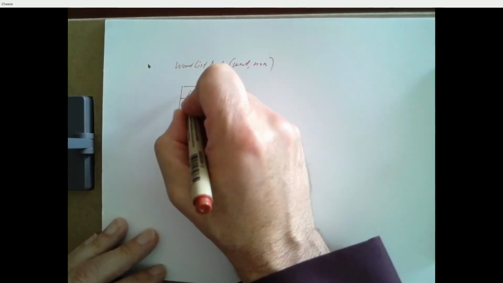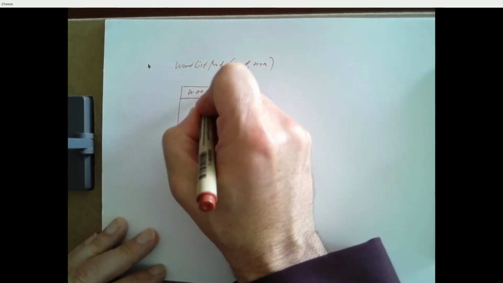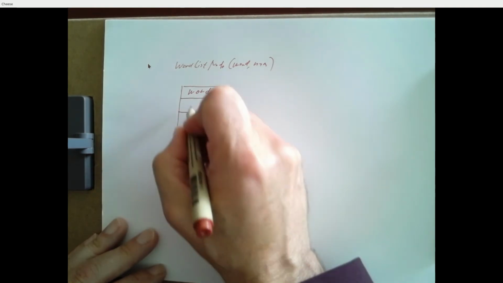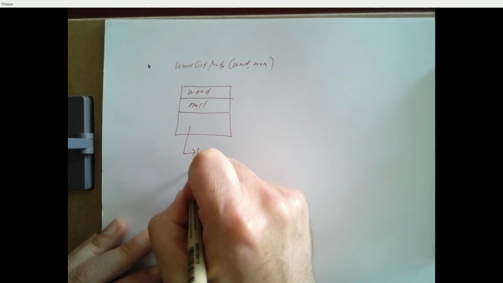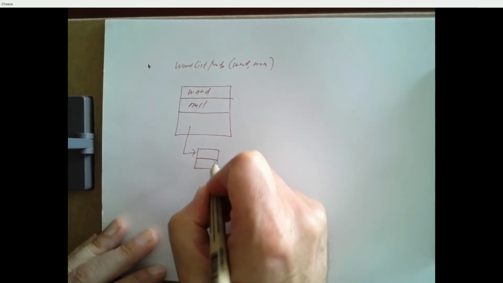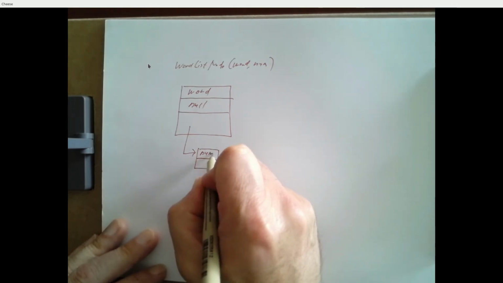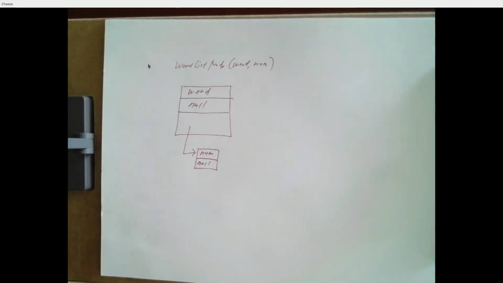So it creates a word list node with the word stored here, a null stored in the next field, and this thing pointing to a position list with a number and a null. So the constructor gives you all of that stuff, which means we're ready to start tacking position list nodes onto there, and so on.